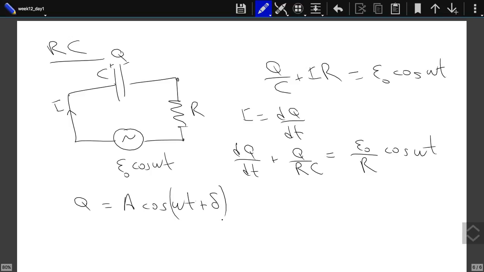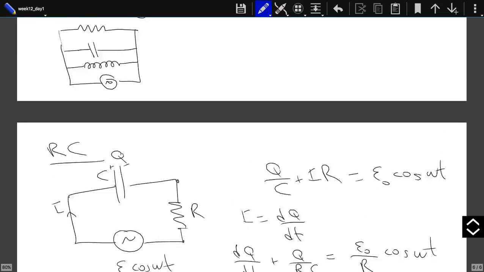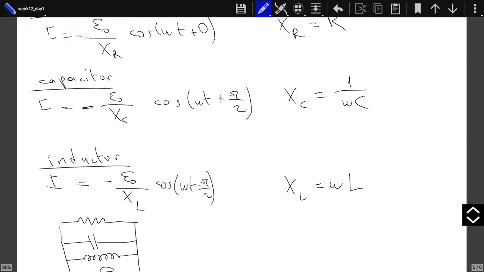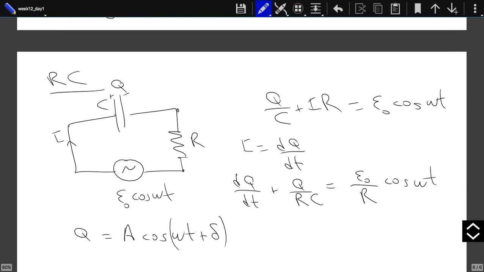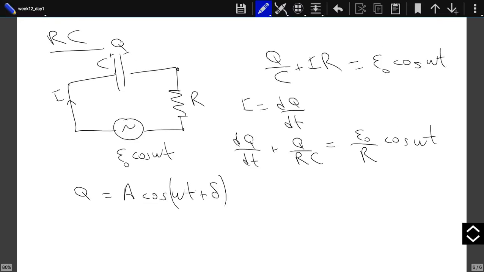Let's look for a solution of this form. Delta might be different. Delta need not be 0. There we can have a delta. If you note over here, we had various deltas if we just had one of them: 0, pi over 2, or minus pi over 2. Now that delta can be something else, we don't know. We need to figure out what A should be, what delta should be, so that this is a solution of that equation.